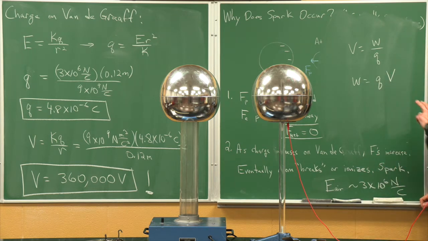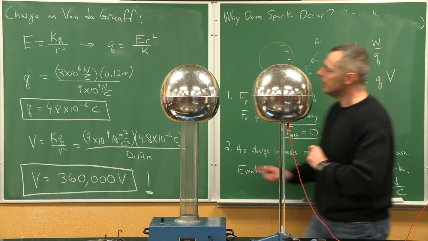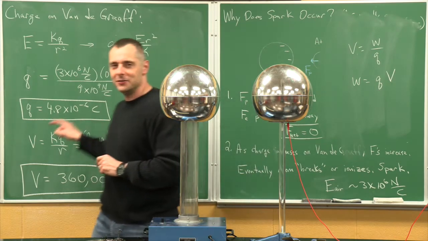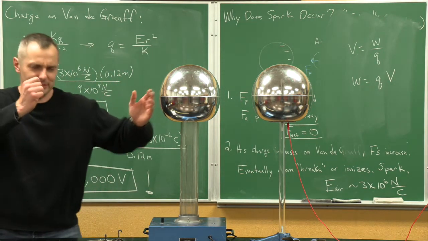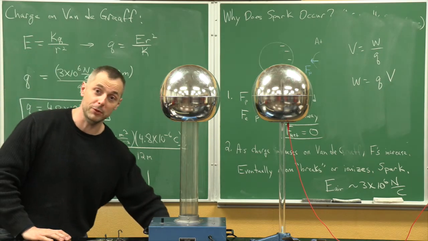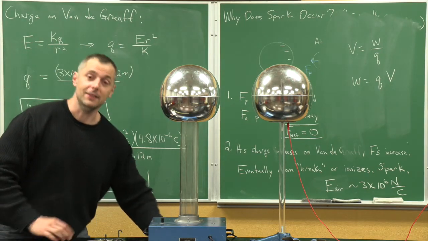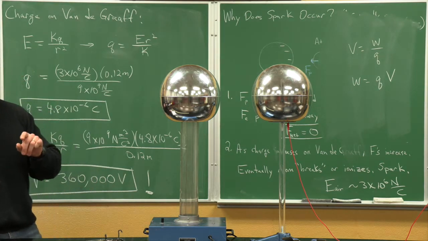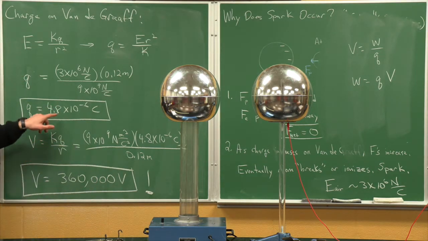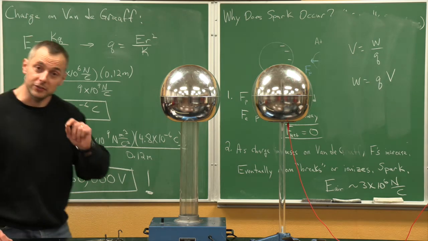So, I am getting 360,000 volts as thrust per charge on a single electron, and there's only a tiny bit of them on the Van de Graaff. So sure, they slam into my hand hard, but here there's very little charge, so it doesn't kill me.